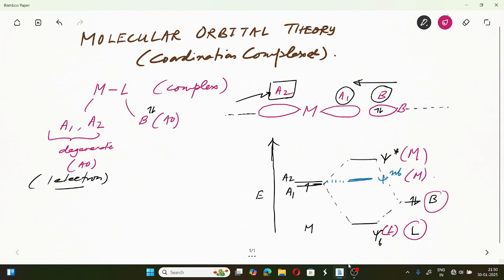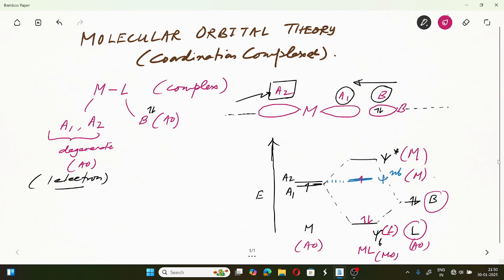Now, if you consider these molecular orbitals, see these are the atomic orbitals, AOs. And if you look into the molecular orbitals, there are 3 electrons in total. These 2 and 1, there are 3 electrons. So 2 electrons go in the bonding orbital, and the third electron should be placed in the non-bonding molecular orbital.